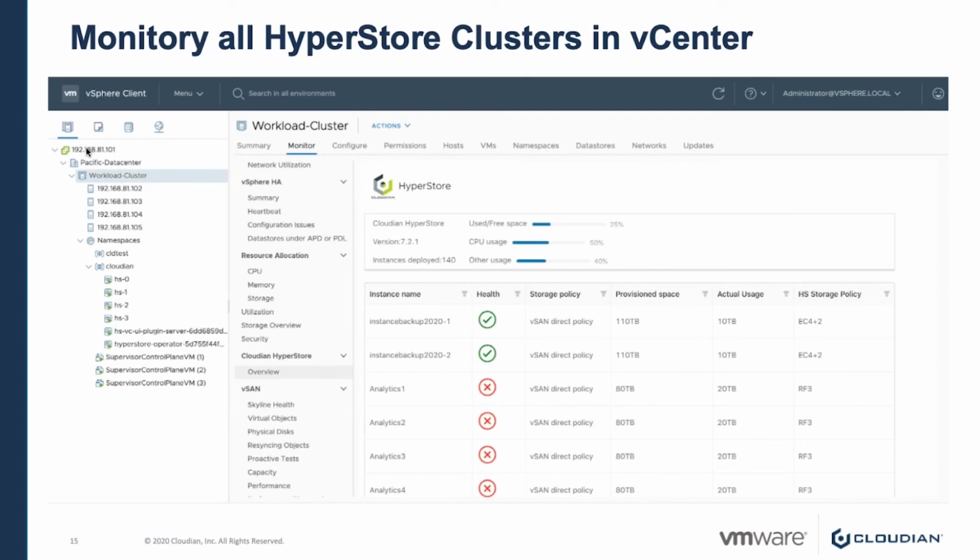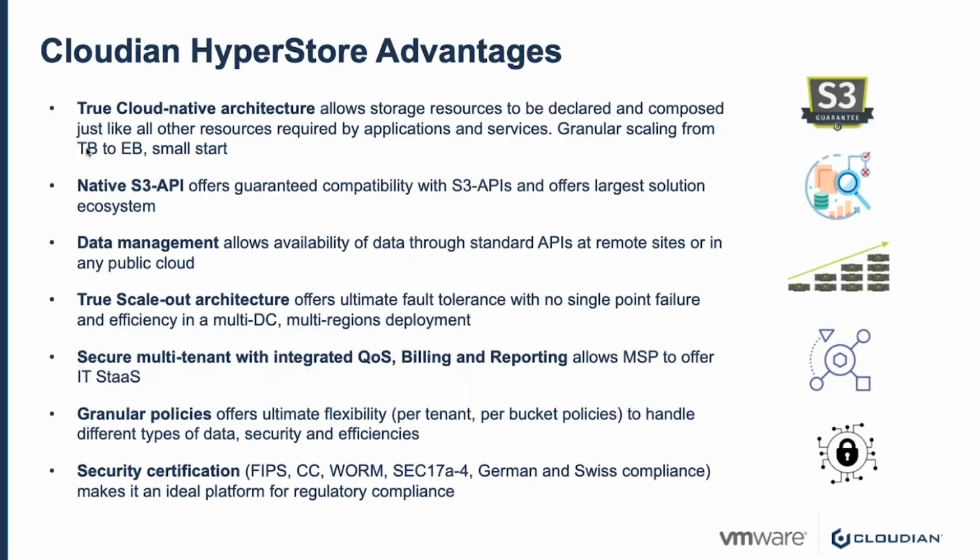Absolutely. And since we have a lot of material to cover today, let's quickly summarize some of the Cloudian Hyperstore advantages. First, you're talking about Cloudian and object storage, which is basically a true cloud native architecture.